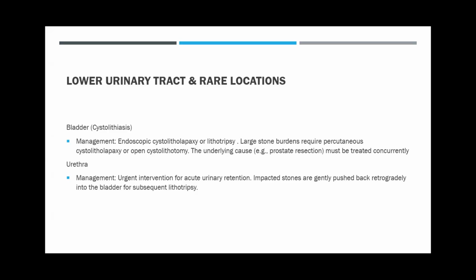Then if the stone is in the urethra, we usually intervene because sometimes it's associated with urinary retention. Then we can push the stone back and try lithotripsy or cystolithopexy.